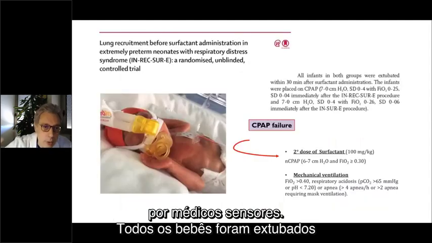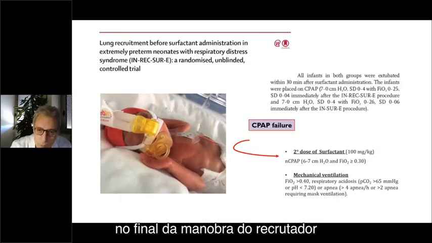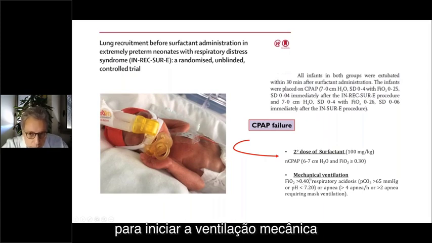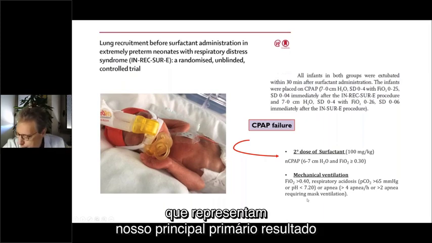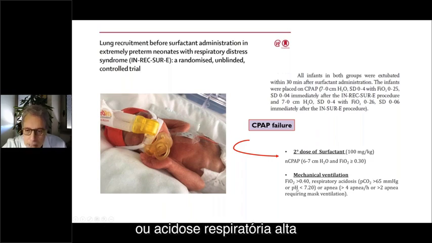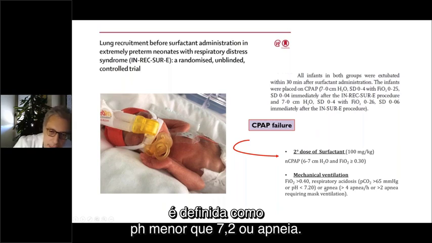All the babies were extubated at the end of the recruitment maneuver, and the pre-specified parameters to start mechanical ventilation, that represent our main primary outcome, were a need of FiO2 more than 40% or a respiratory acidosis defined as a pH less than 7.2, or apnea.